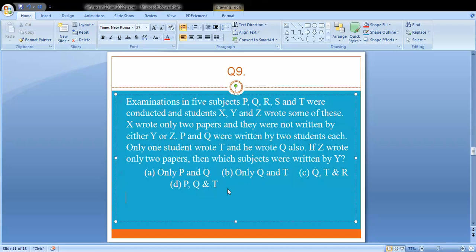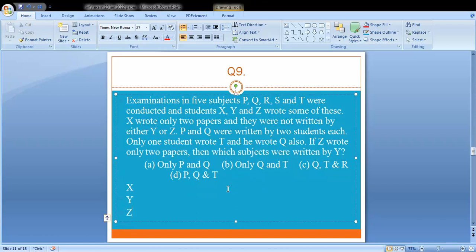Now let us understand the question again. There are X, Y, Z, three persons. They wrote the papers from P, Q, R, and so on.